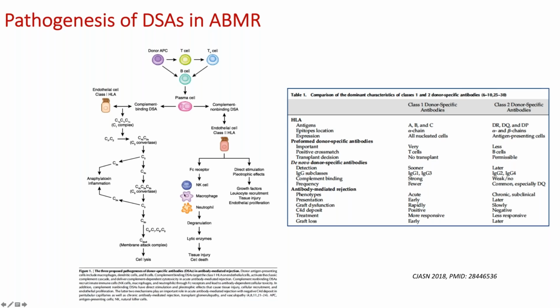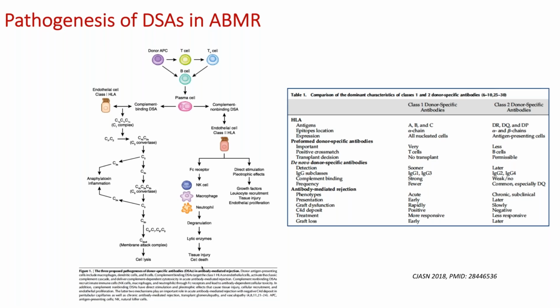So this pathway is what is known as ADCC or antibody-dependent cell-mediated cytotoxicity. So both these pathways, whether it is a classical complement activating pathway or Fc receptor-based antibody-dependent or a complement non-binding pathway, both of these result in cell death.